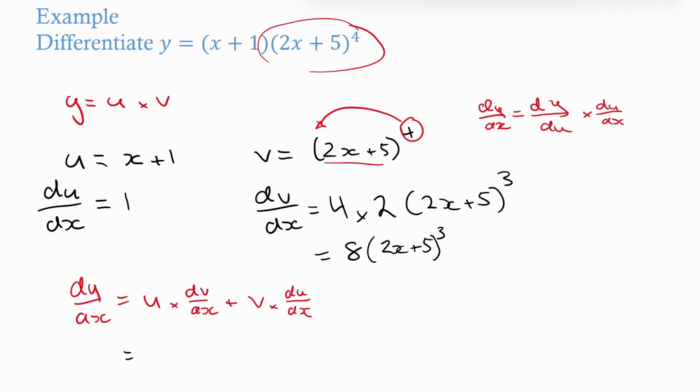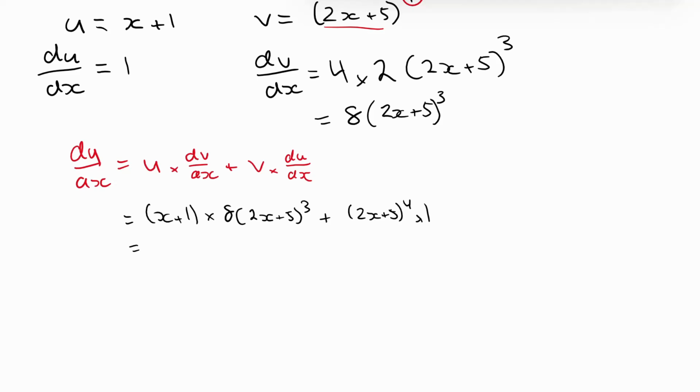So we end up with x plus 1 times my 8, 2x plus 5 cubed, plus 2x plus 5 to the power of 4 times 1.